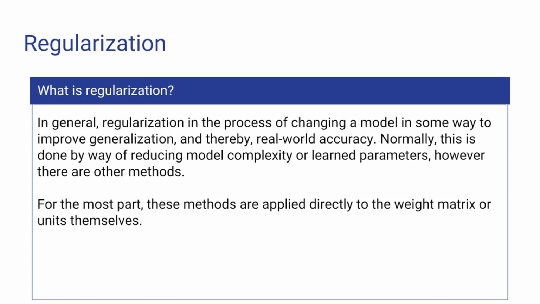Normally, regularization will reduce model complexity or the number of learned parameters. Intuitively, this may not seem like it would produce a better model, but what we're doing, hopefully in theory, is reducing the number of less correlated features.